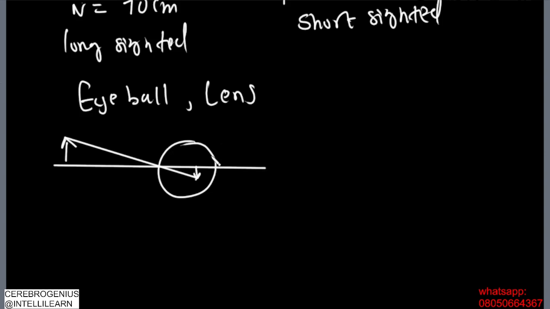This is where the retina is. Now this image is formed in front of the retina. What do you think this person will have to do in order to see this image? The person will have to bring the image closer to the person, right? So what this means is that this person cannot see what is far, but can see what is close. That means that this person is short-sighted.